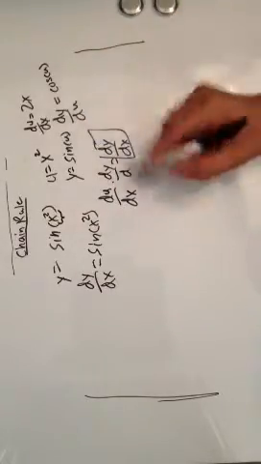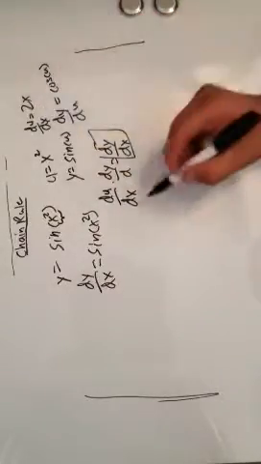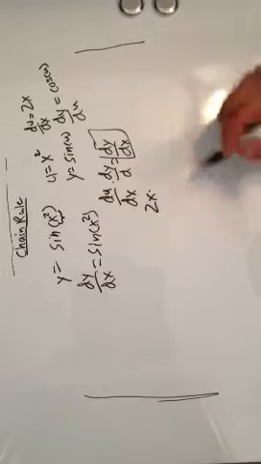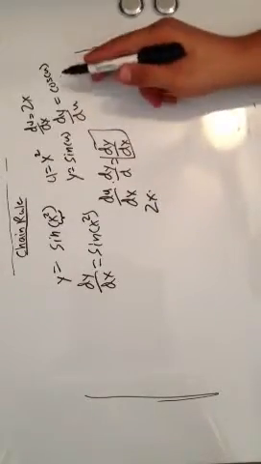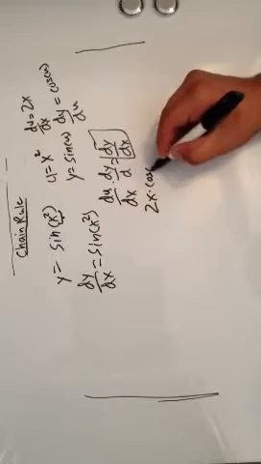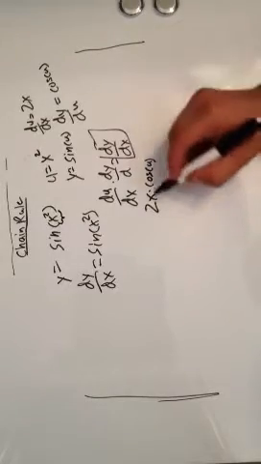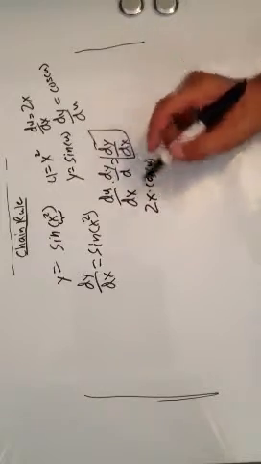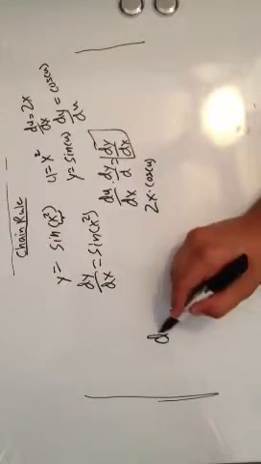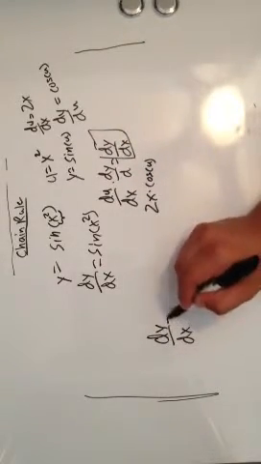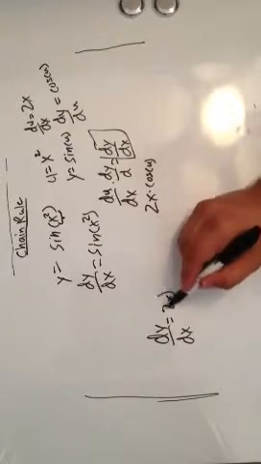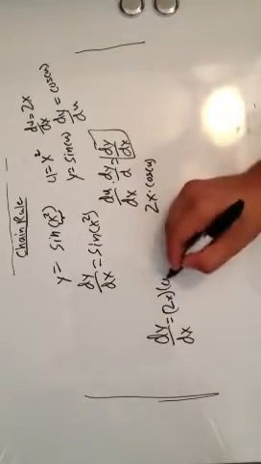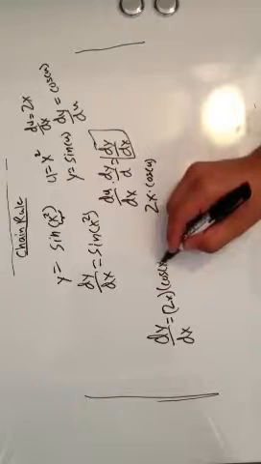So we said du/dx is equal to 2x times dy/du, which we said is equal to cosine of u. But we aren't done yet because we said u is equal to x squared, so we can say dy/dx is equal to 2x times cosine of x squared.